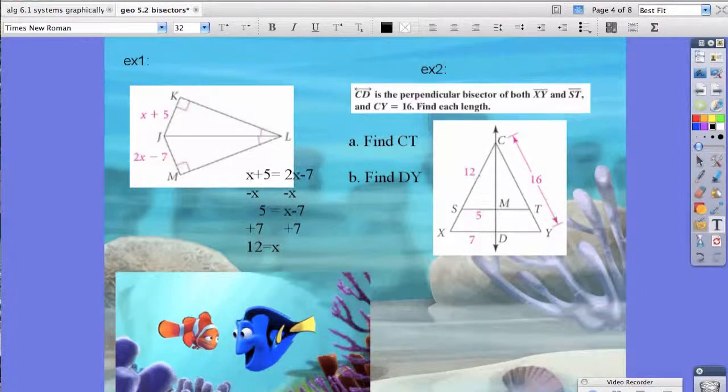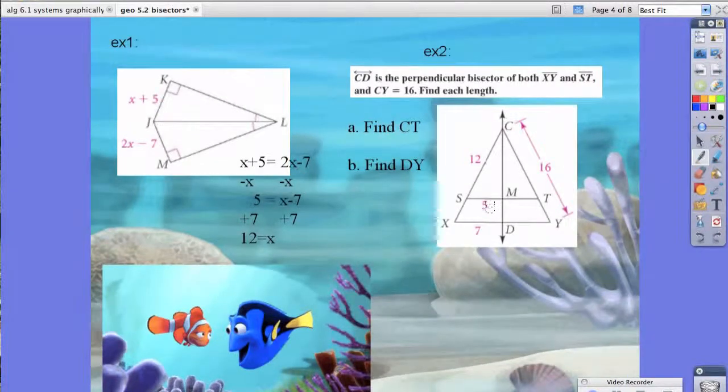Now for example 2, it says line CD is the perpendicular bisector of both line segment XY and line segment ST, and that CY equals 16. Find each length. So in part A, it's asking us to find CT, which should not be too difficult.